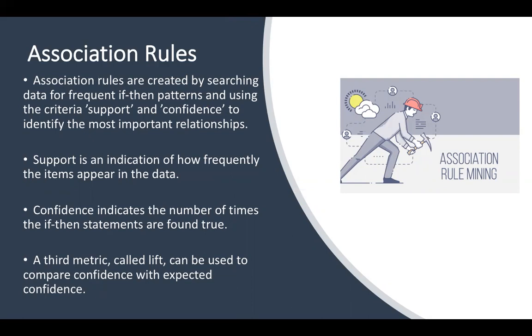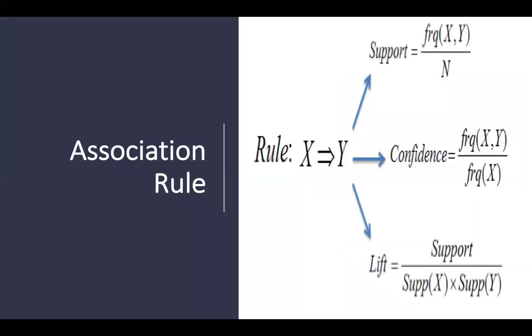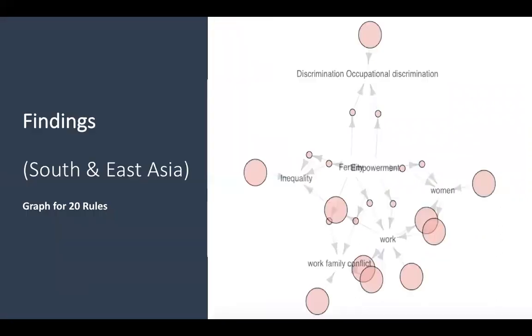So these three outcomes help us to identify the relationship of search terms: which keywords are searched together, which is the antecedent, which is the consequent, and the number of times that if and then statements are found true. Here you can see the formulas of support, confidence, and lift indices.